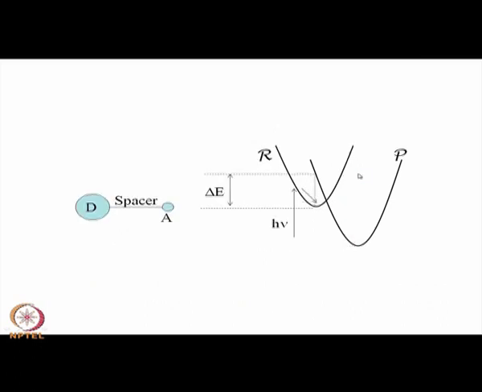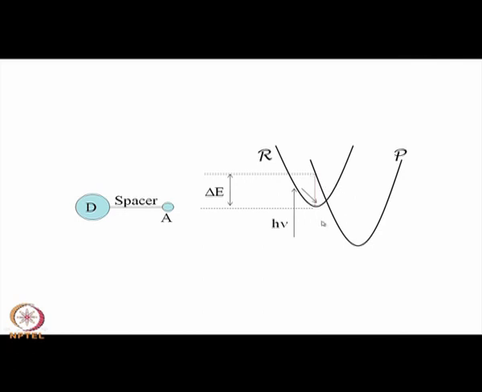Like here you see, if you start from here, then this much energy is required to go directly to the product surface. If you get a promotion like this from here to here, maybe some electronic excitation, then directly you can switch to this vibrational level and be transferred to here.